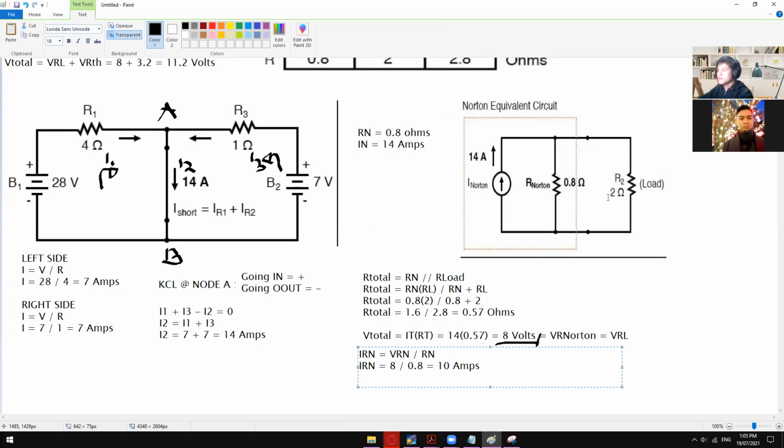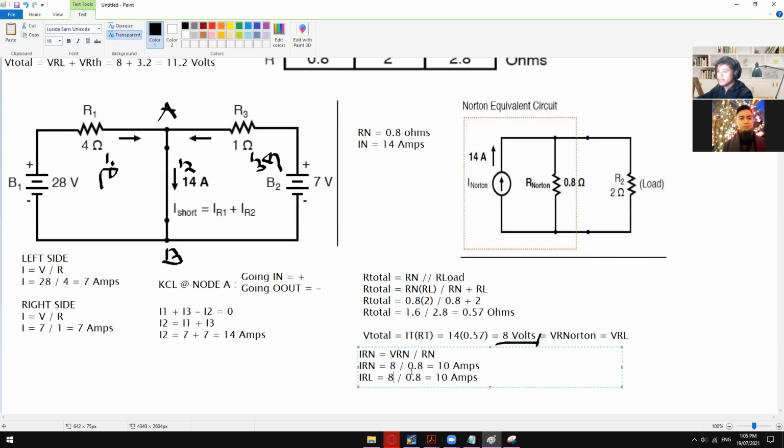Okay, and then solving for the IRL, the current across this load resistance is, so 8 pa rin kasi isa lang naman yung voltage across natin if we have a parallel connection.